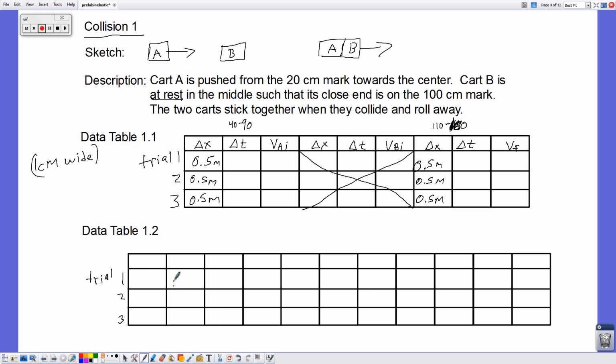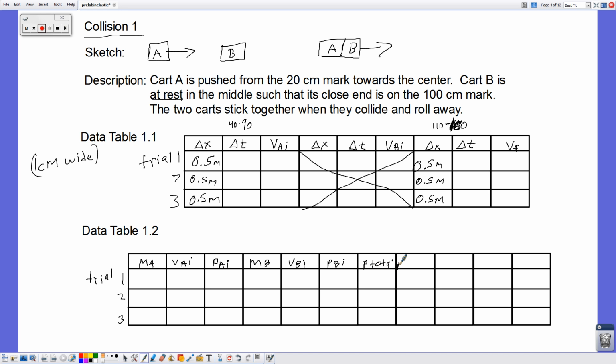What do we have? We have MA, VAI, PAI. The I stands for initial, in other words, before the crash. We got MB, VBI, PBI. Alright, then we got P total.